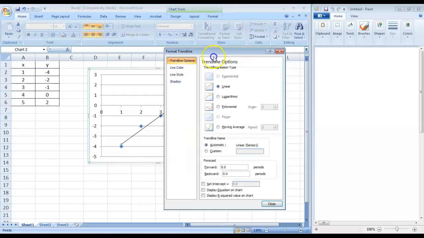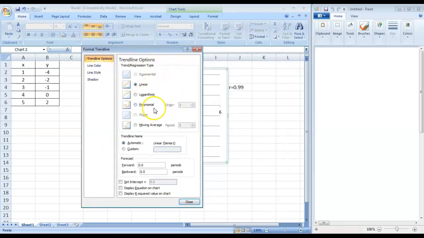Okay, and another window will open up, and it's the same window that opened up in a previous video to show the value of R square. Look down where the three check boxes are located, and there's one box that says display equation on chart. So check that box.